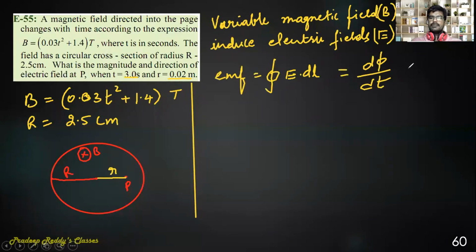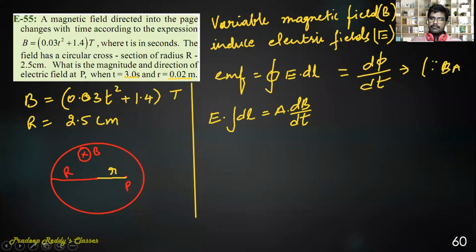This is identical to Gauss law in electrostatics. So E into the integration of dl is equal to the area of cross section A into dB divided by dt, because phi is equal to B dot A. I am just substituting that phi here.